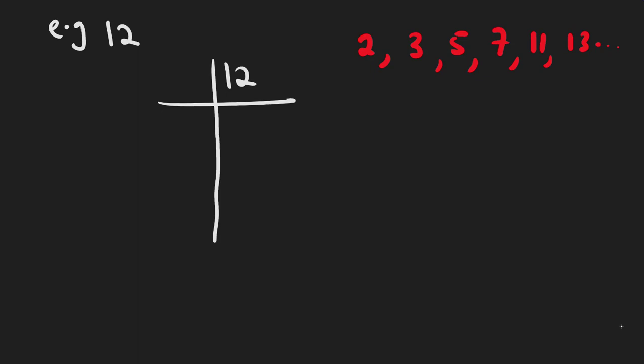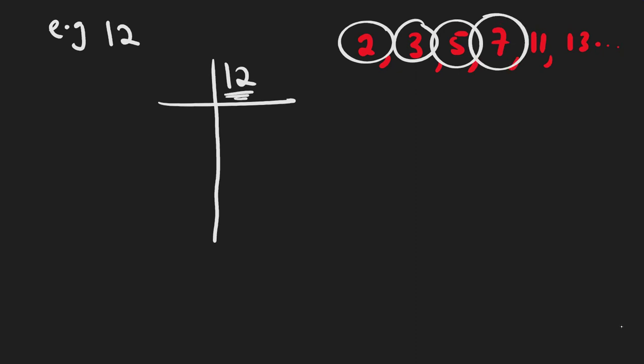So this is what you're going to do. You're going to first check 2. If the number is not divisible by 2, then you move to the next number. If it's not divisible by 3, you move to the next number, 5. If it's not divisible by 5, you move to 7. If it's not divisible by 7, you move to 11, and so on and so forth. So that's what you're going to do.